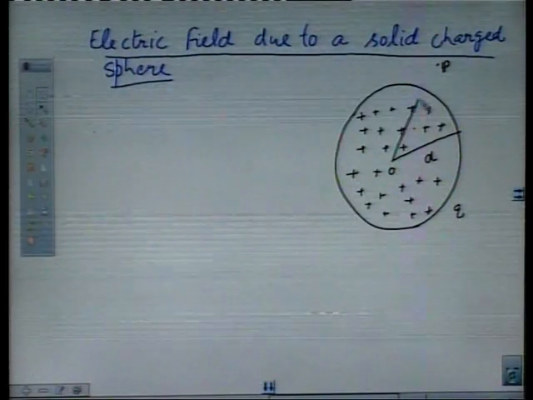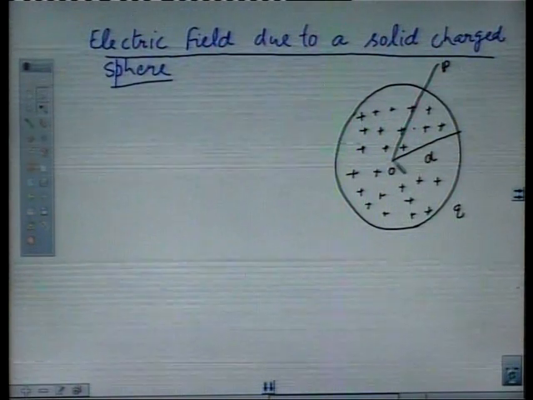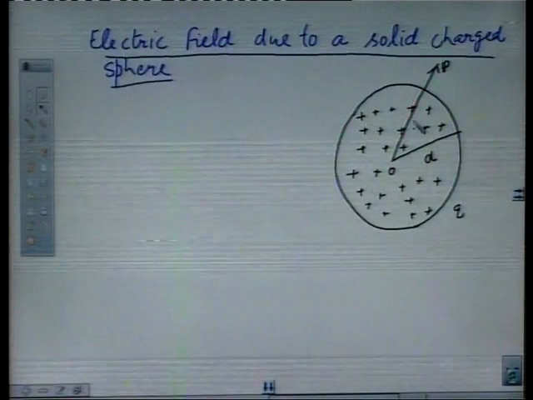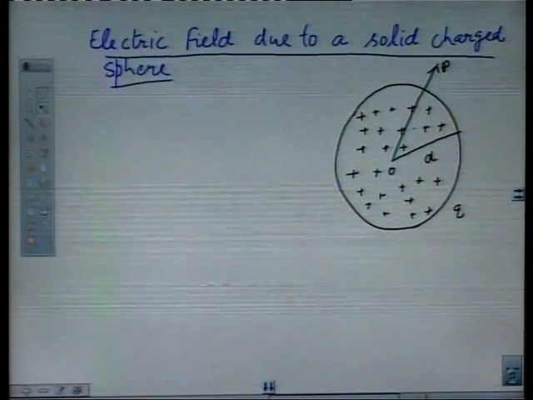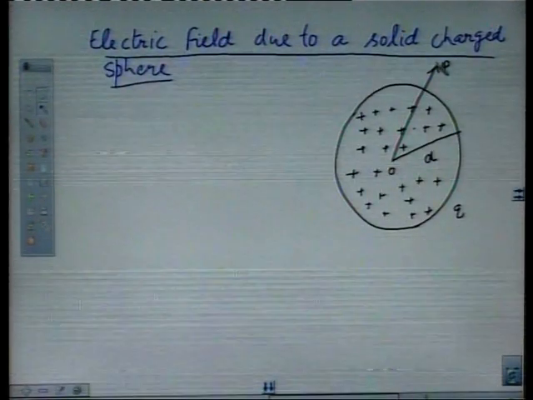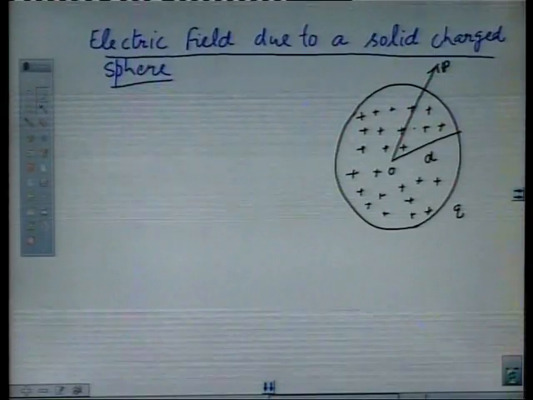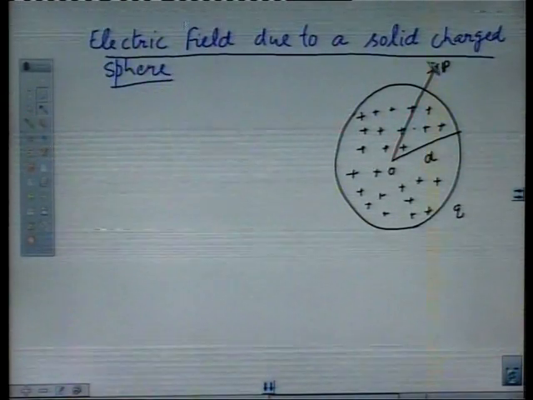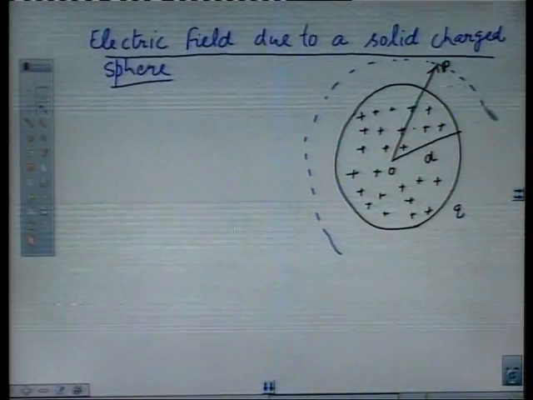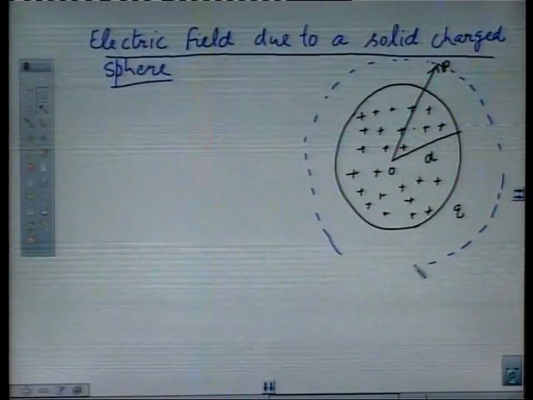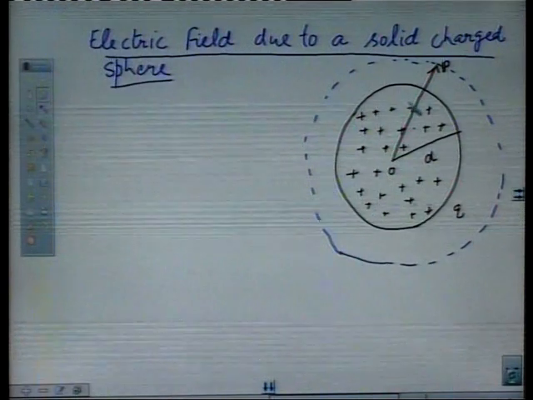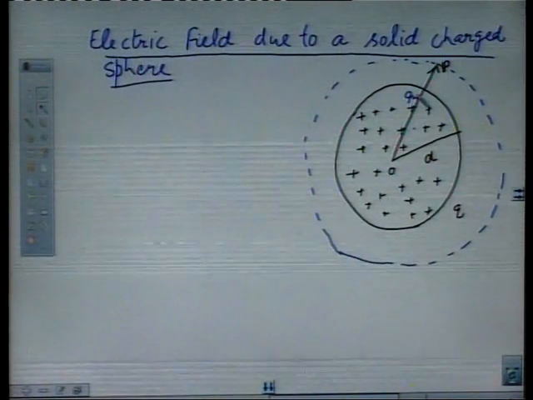Let us join the center with this point P. At this point P, the electric field will be along the radial direction, and at this point P, let us consider an imaginary surface or sphere, which is called a Gaussian sphere of radius r.